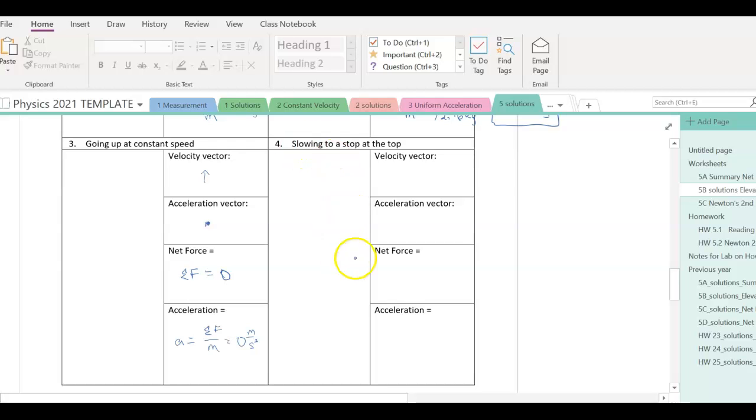But let's look at this more interesting case where he slows down as he nears the top. Okay, so the force of gravity on this man still has not changed, right? The force of gravity that the Earth is exerting is still 909 newtons.